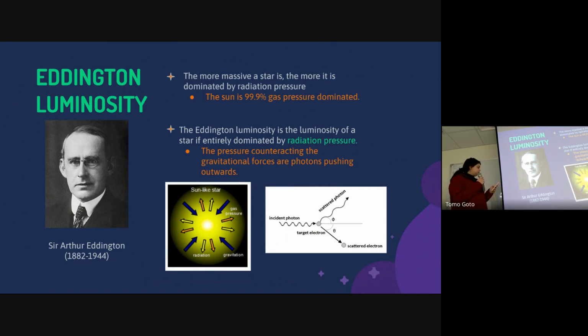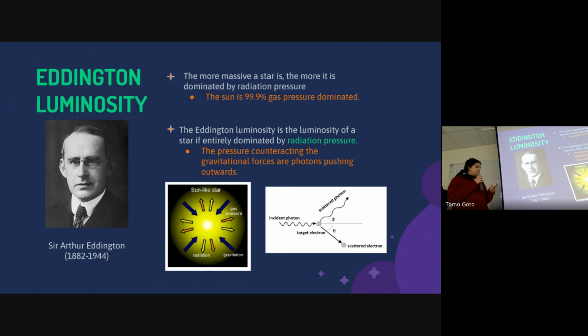As a general rule, the more massive a star is, the more dominated by radiation pressure. Most stars, however, are dominated by gas pressure. Most famously, the sun is 99.9% gas pressure dominated, and the sun is actually much like a medium-sized star, not really a giant star.